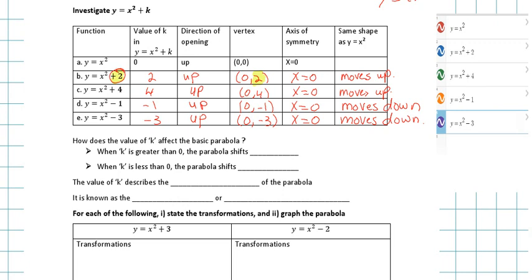How does the value of k affect the basic parabola? When k is greater than 0, the parabola shifts up. When k is less than 0, the parabola shifts down.